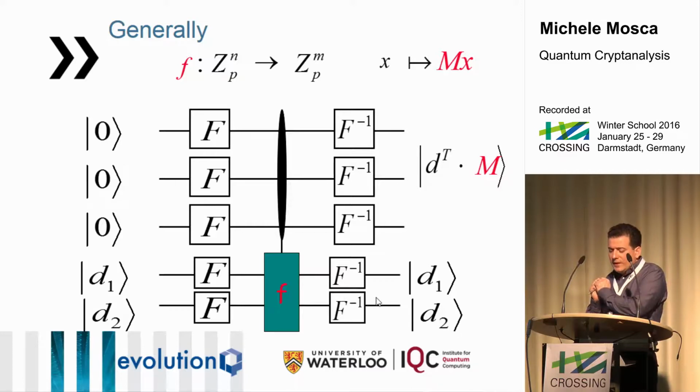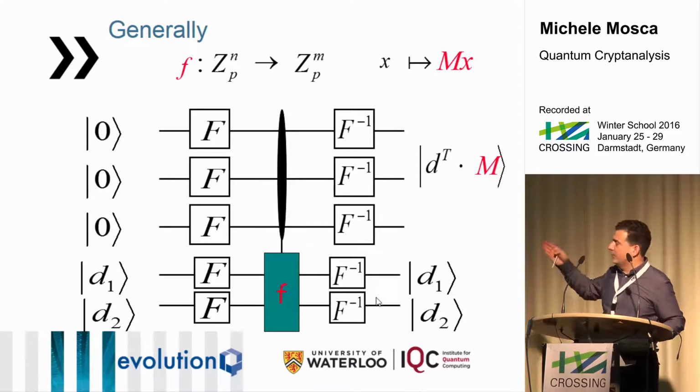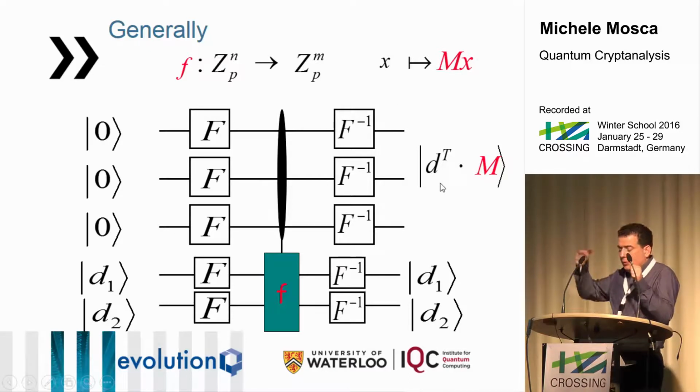And what their algorithm does, you're given a method for right multiplying by your matrix. This generalization of the Bernstein-Vazirani algorithm allows you to left multiply by the matrix. You put the vector you want to multiply by down at the bottom in the target register, and up at the top in the control registers you get d transpose times the matrix M.